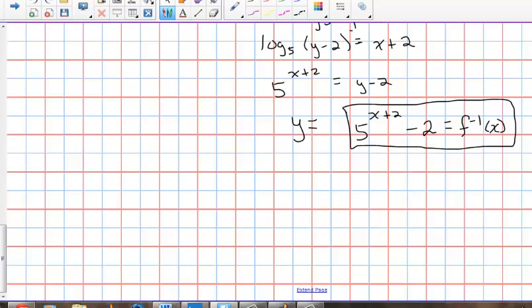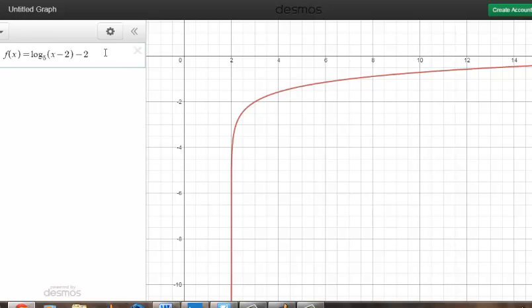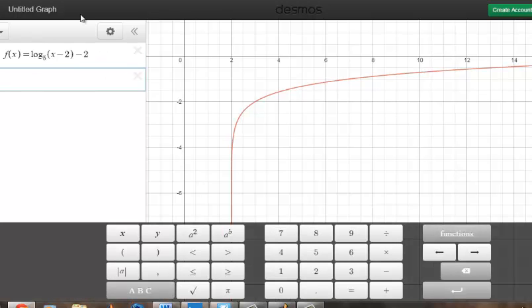So let's go back to Desmos and let's check it here. So we're going to put in 5 to the x minus 2. Oops, I have to put it in parentheses.